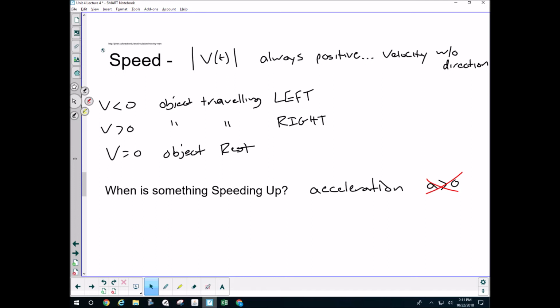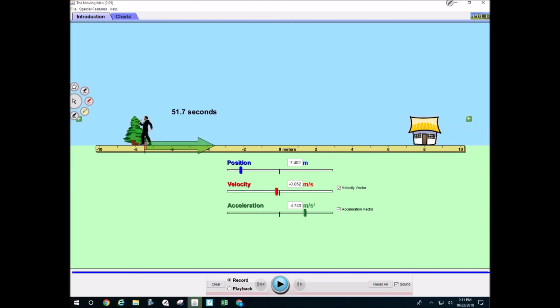Who's got it? When is something speeding up? When the acceleration and the velocity have the same sign. Yes. When the arrows are pointed in the same direction. Speeding up, the arrows are going in the same direction.